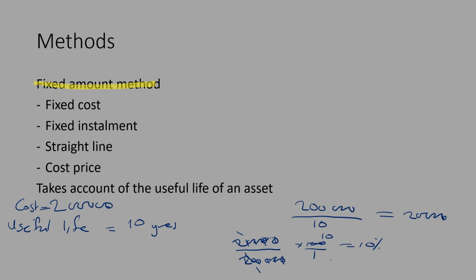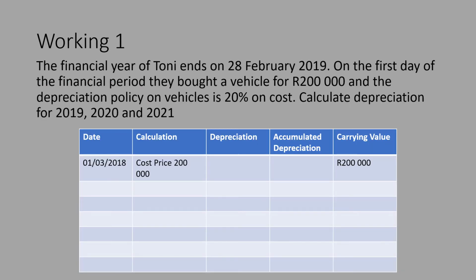Okay, so that will be 10%. That is how you deduce the rate of depreciation when you're using the fixed installment method or straight line method. We can calculate the rate of depreciation using the number of years or the expected useful life of an asset. Okay, so let's look at work number 1.